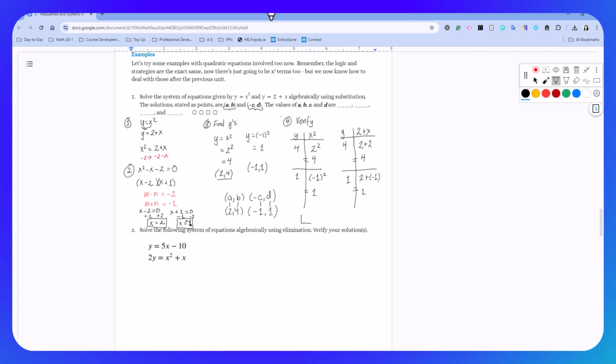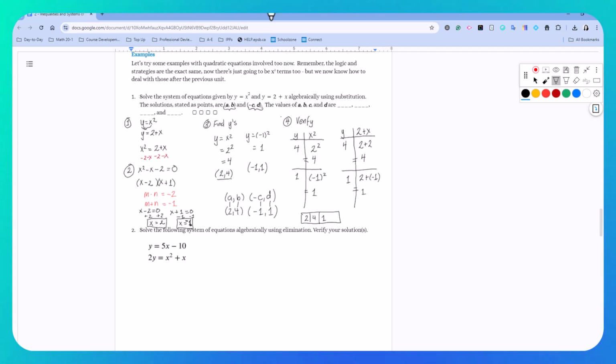So in a numeric response situation, we would put in 2, 4, 1, and 1, because remember, there's no place for a negative sign in a numeric response answer.